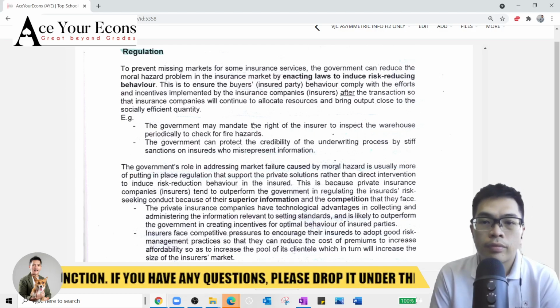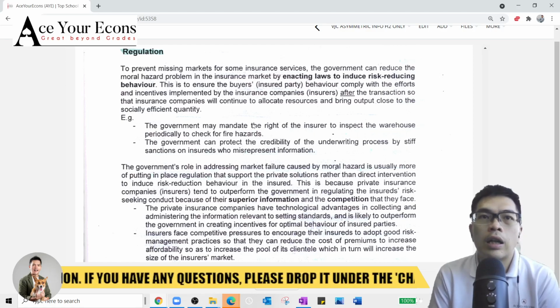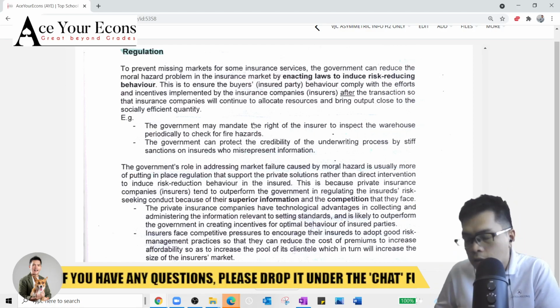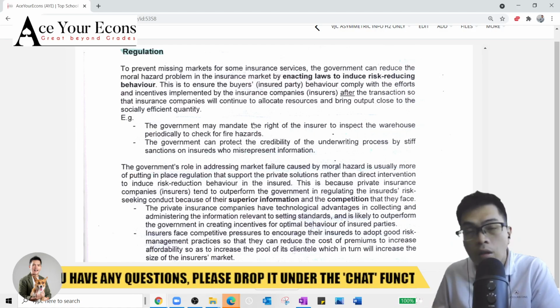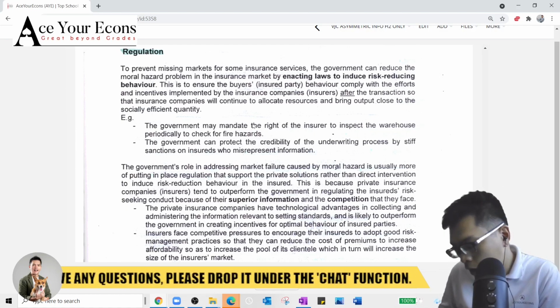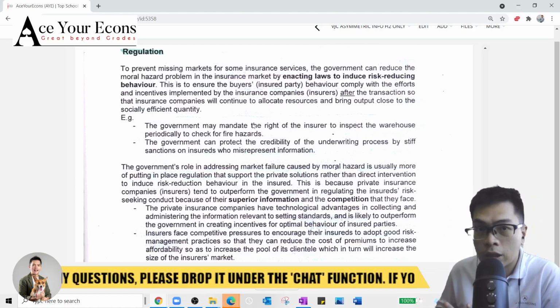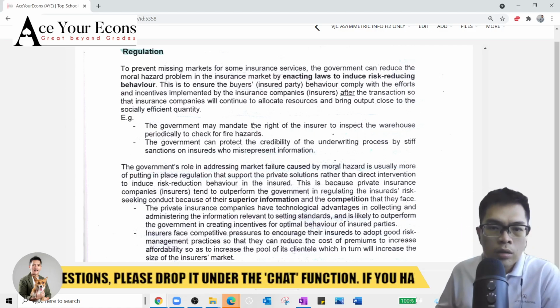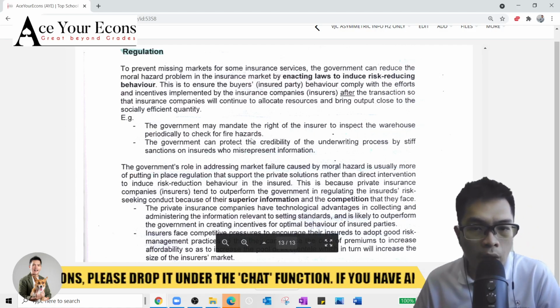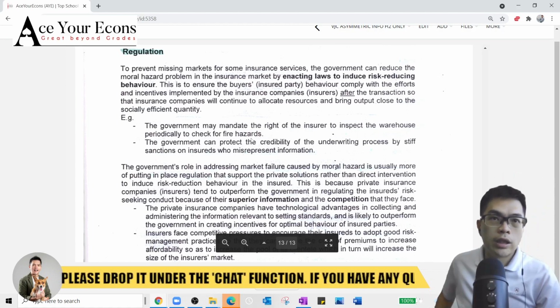Agreed? Then this is going to prevent moral hazard from happening. The insuree won't engage in risky behavior with flammable products. Make sense?